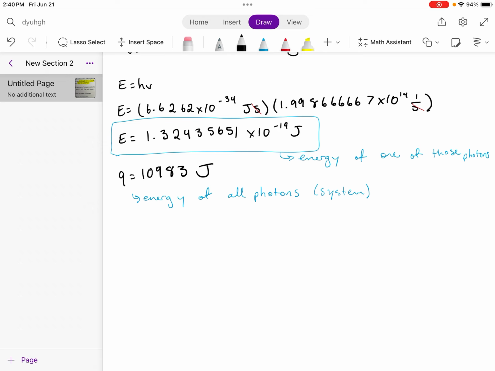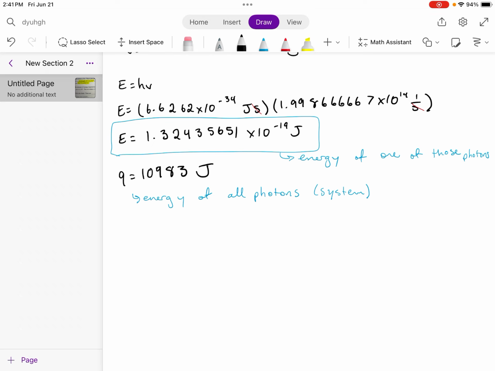Okay, so now it's just a matter of dividing. So total energy divided by the energy of one photon should give us the total number of photons.